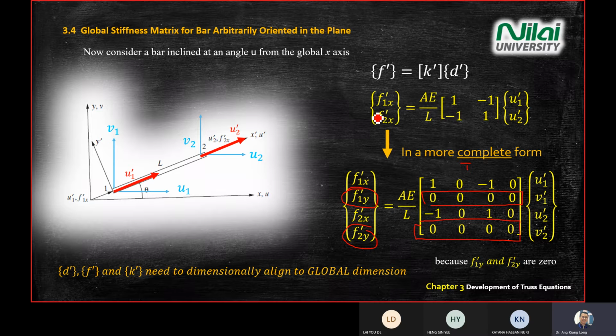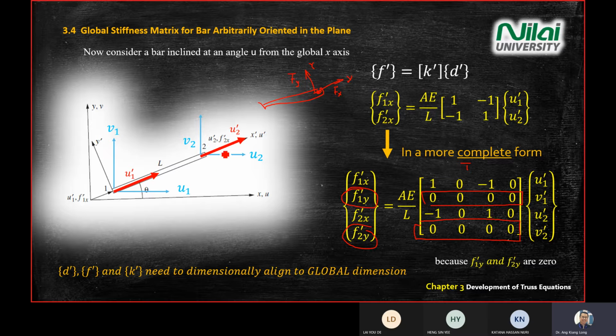So this is just a direct explanation by using the diagram on the left. Not necessarily every time if your bar has two forces. So for example, we have a pulling force in x direction and pulling in y direction. If you have external force in x and external force in y direction at this point, then they will not be zero here.